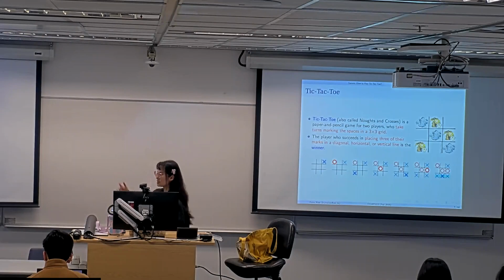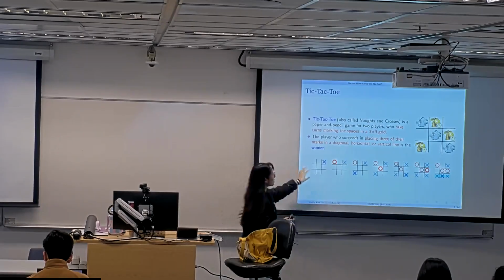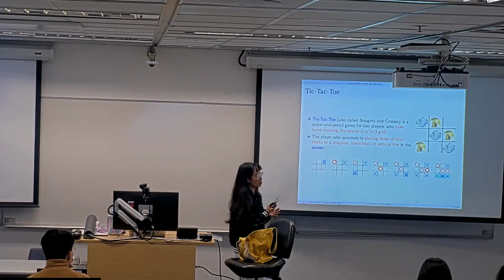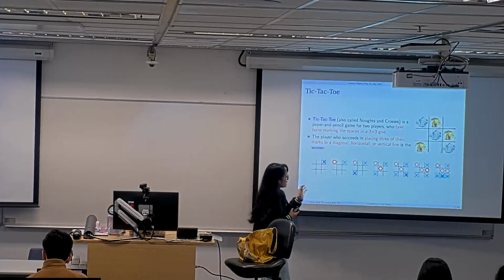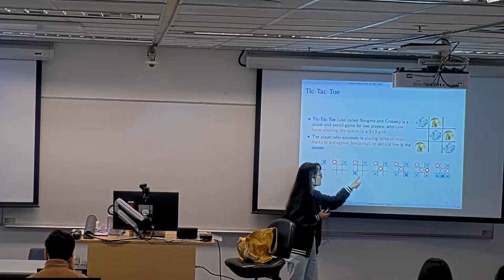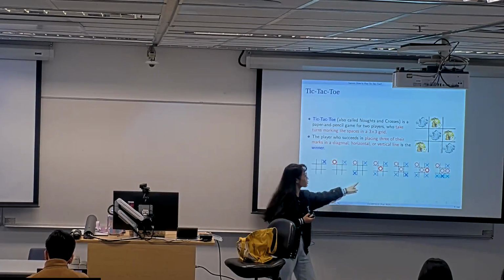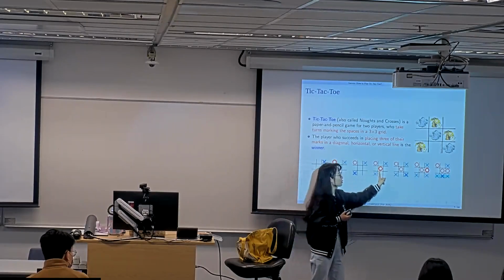So for example, this is a simulation of the tic-tac-toe game. Suppose the cross starts first, and the cross puts the mark here. Next turn would be the knot, and the knot puts the mark here. And then the next move, cross puts the mark here. Then, of course, the knot has to play here to prevent the cross from winning, right? It must occupy this cell.